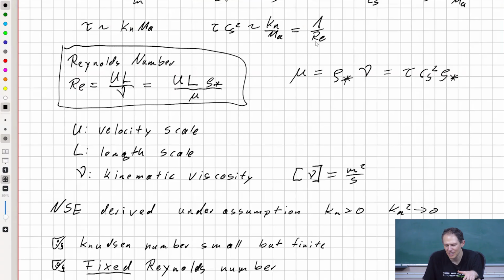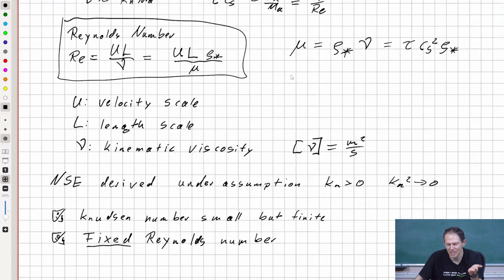So basically, for infinite Reynolds numbers, we have no diffusion, and we go to the Euler equation. But this is not what we want. In engineering practice, we want to solve problems with finite Reynolds number, specifically a fixed Reynolds number.